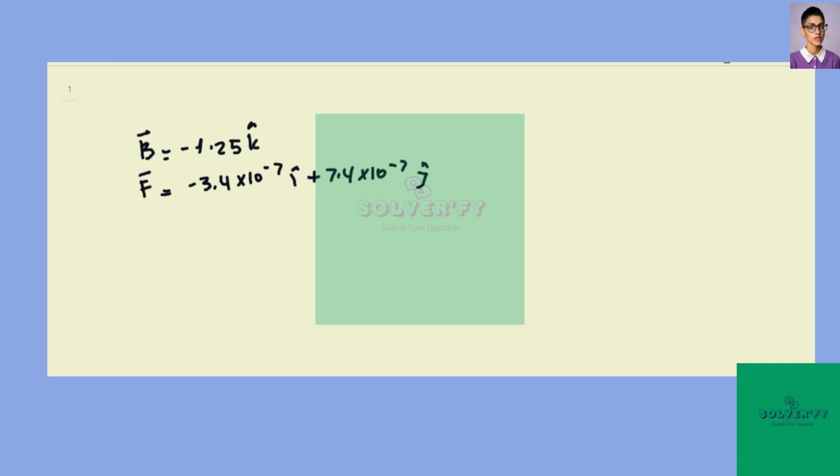And from this information, also the charge is given to us, which is negative 5.6 nanocoulombs. Let's do the conversion while we're at it. It's going to be negative 5.6 times 10 to the power negative 9 coulombs.